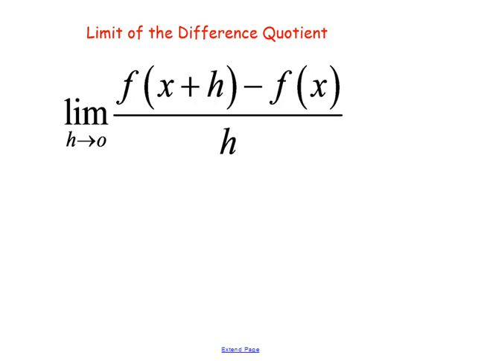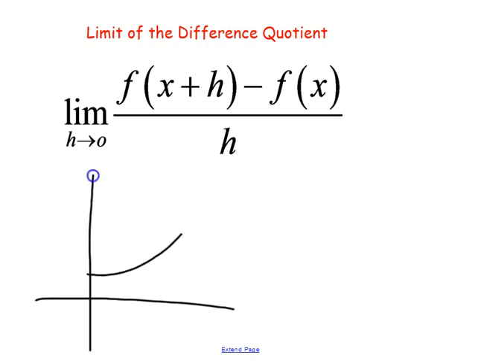Now, this already should be in your notes someplace. The limit of the difference quotient. This is where we started the whole conversation of derivative and how it worked. And the premise, let me remind you of this real fast, was I would have some kind of a curve. And on this curve, I would be interested in the tangent line at a particular point.